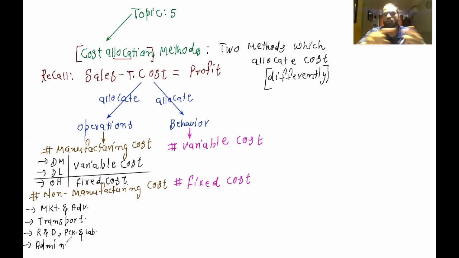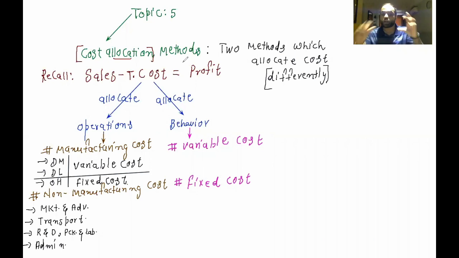Administration cost means the salary of the office staff. Administration involves the depreciation for office, rent for office, insurance for office. So these are administration costs.